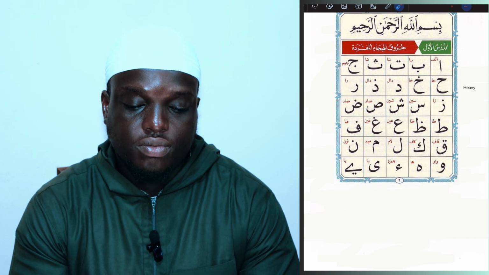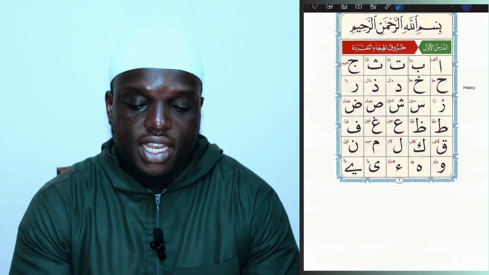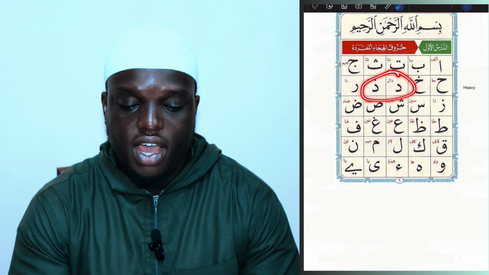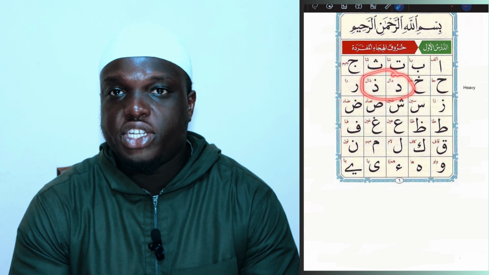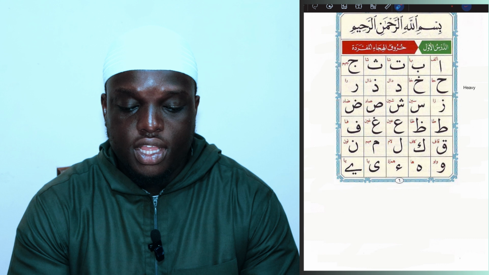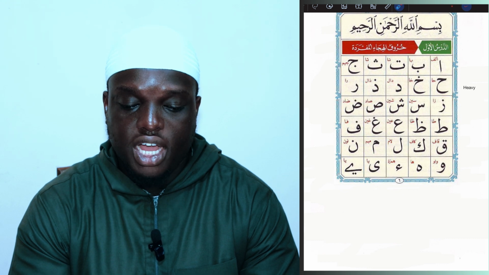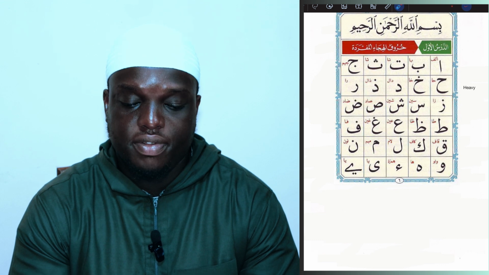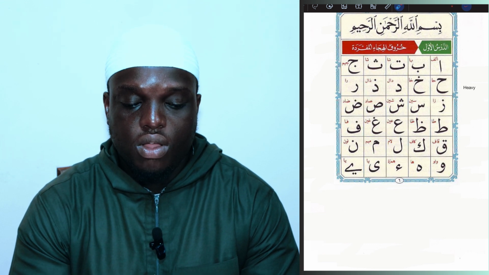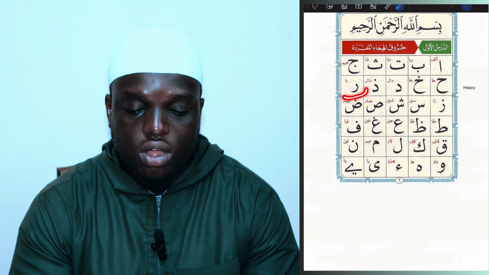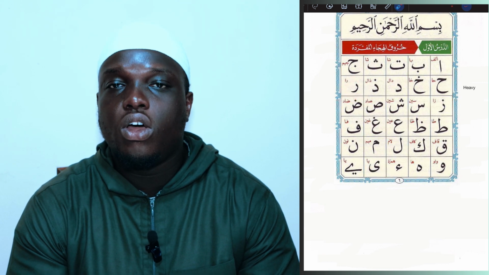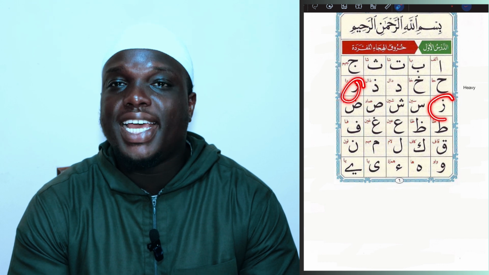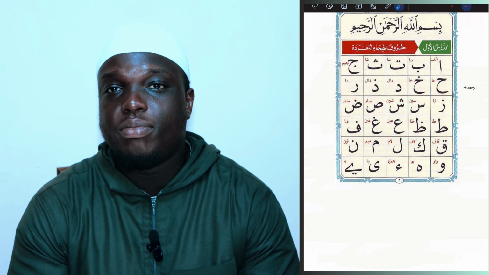Let's not forget that. We also see that Dal and Dhal have the same shape. However, Dal carries no dots and Dhal carries a dot on top of it. We also see Ra, and Za, like zebra.